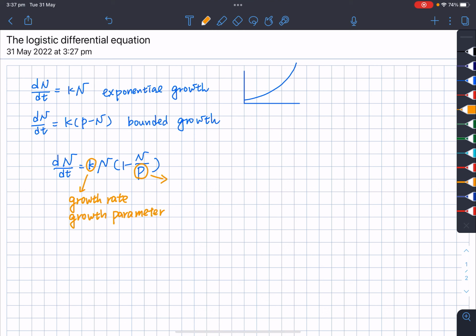And the P here we call the carrying capacity, equilibrium, or ultimate maxima.